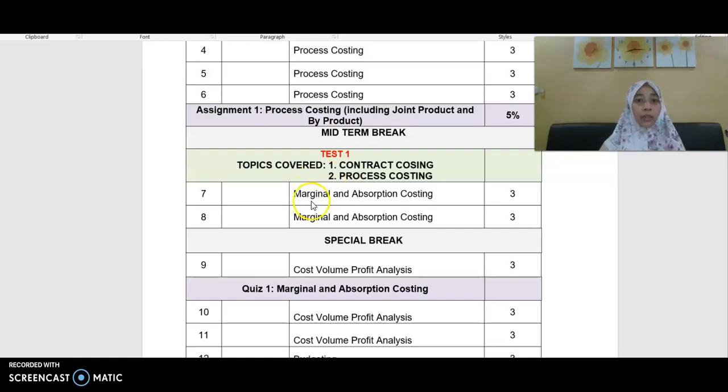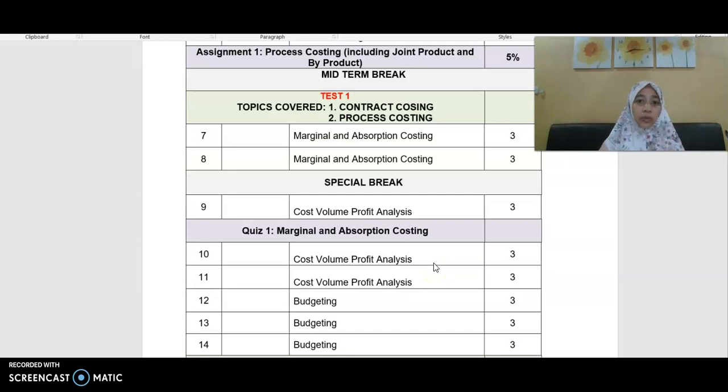Then you look into the two techniques used to present your income statement. One is the marginal costing technique or approach, and the other is the absorption costing technique or approach. Then you go into your CVP analysis.